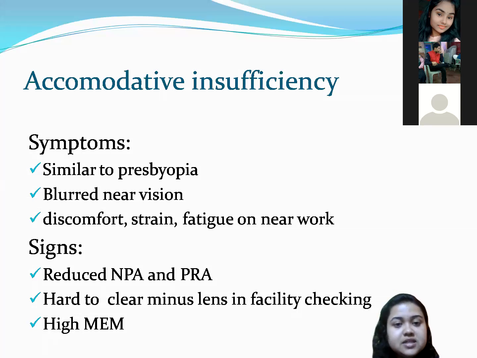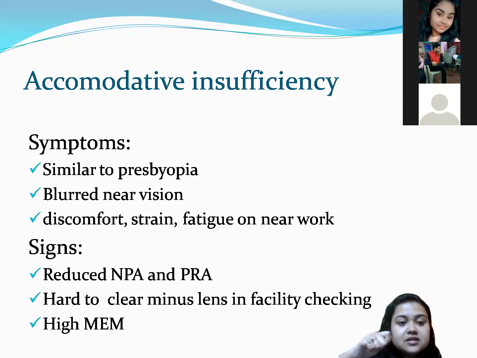When the letters get clear, you immediately flip it. For flippers, we keep the plus lenses first and then the minus lenses. So plus 1.5 is in front of his eyes and he has the Ward-Rock card in his hand. When you put the flippers, the patient will have a blurred vision. Then the patient has to blink and make it clear.